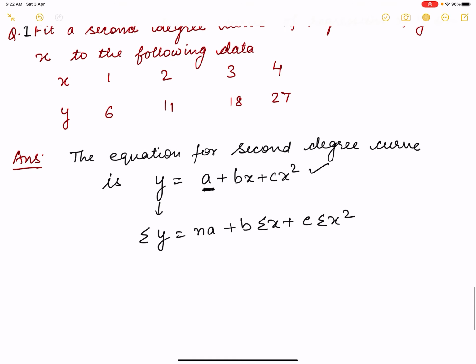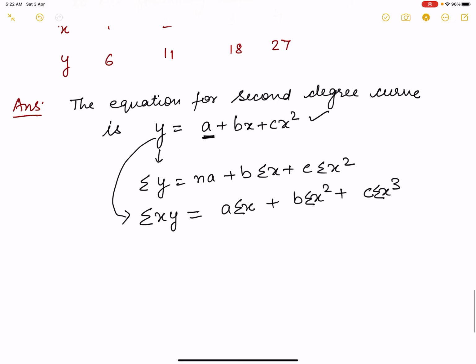Next is multiply this same equation by x and then take summation. This is the trick. So I'm multiplying it. Now take summation.